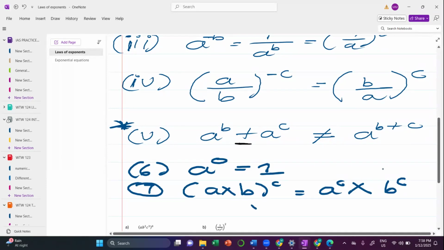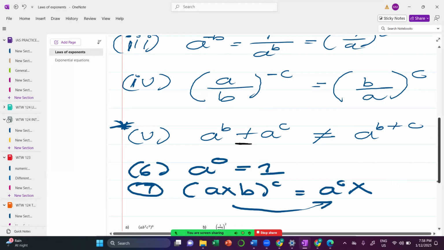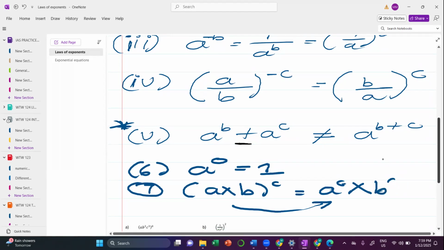So here I'm going forward. I have A times B, all raised to the exponent of C. So this is going to give me A to the exponent of C multiplied by B to the exponent of C. We give each variable the same exponent, and we still multiply.